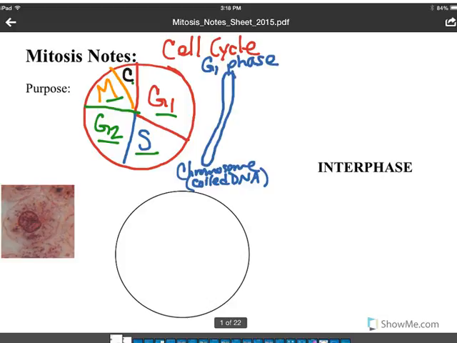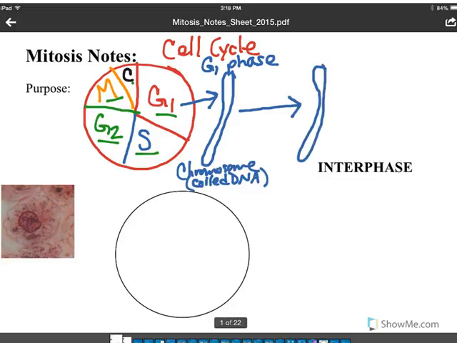If I were to take a look at what my chromosomes look like during G1, I've got my DNA, or my chromosome, and by the end of my S phase, my chromosomes have duplicated.